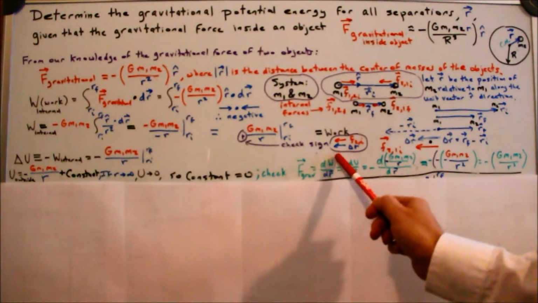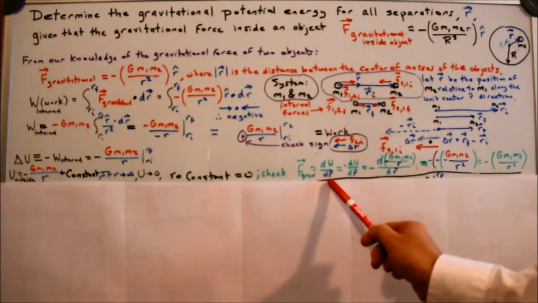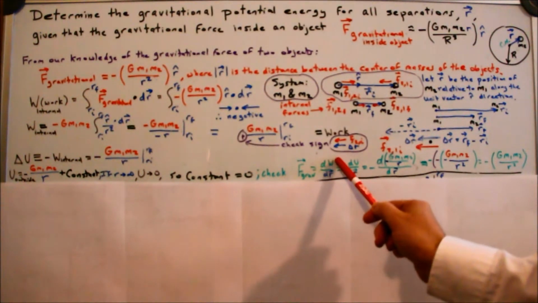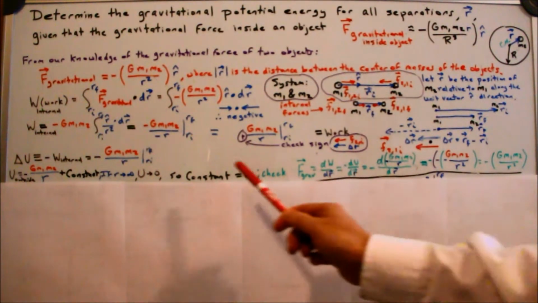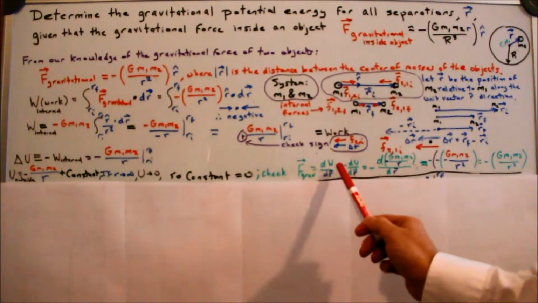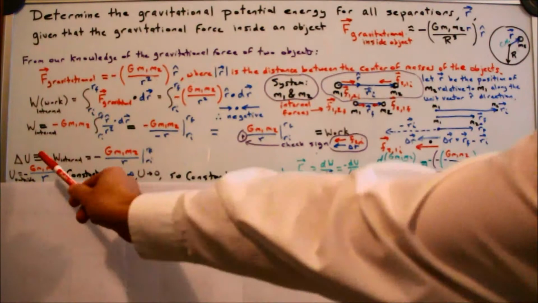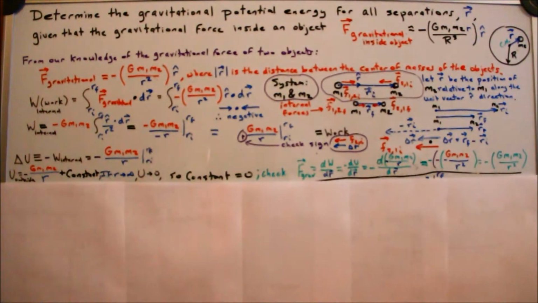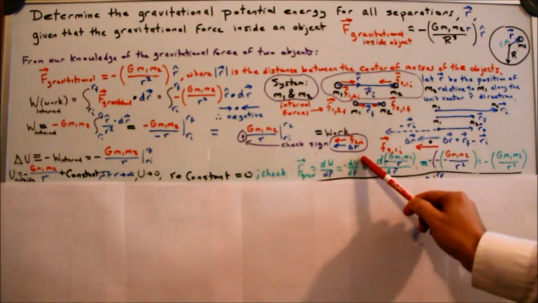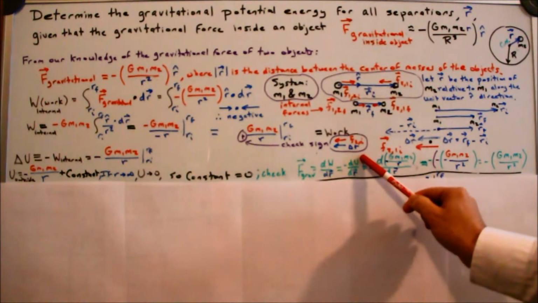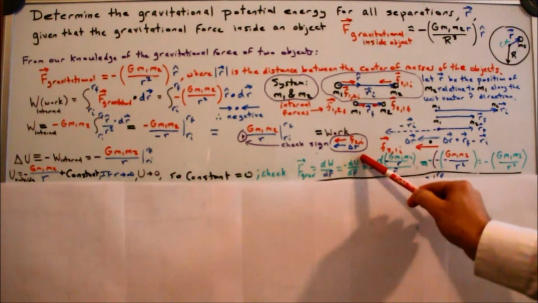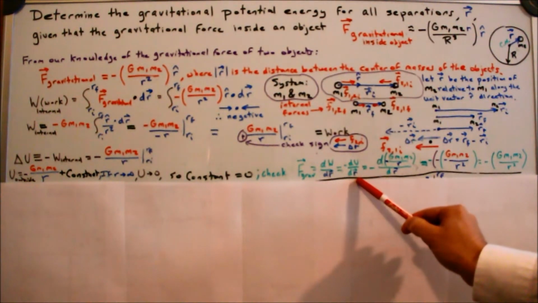So force is the derivative of the internal work, dW over dr. We know that internal potential energy and work are one the negative of the other, so it's minus the derivative of the potential energy with respect to the position.